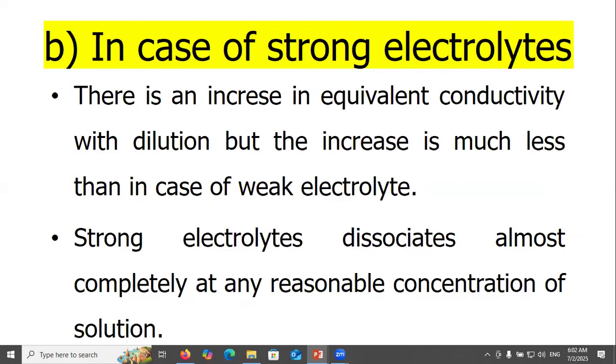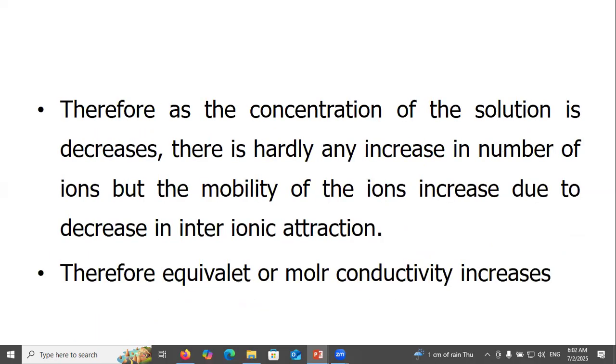In case of strong electrolytes, there is an increase in equivalent conductivity with dilution, but the increase is much less than in case of weak electrolytes. Strong electrolytes dissociate almost completely at any reasonable concentration of solution. Therefore, as the concentration of the solution decreases, there is hardly an increase in the number of ions, but the mobility of the ions increases due to decrease in the interionic attraction.